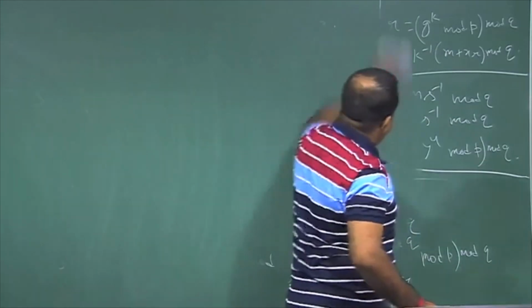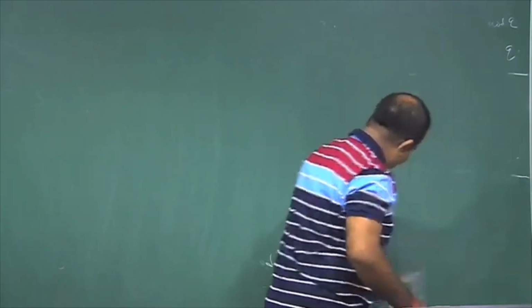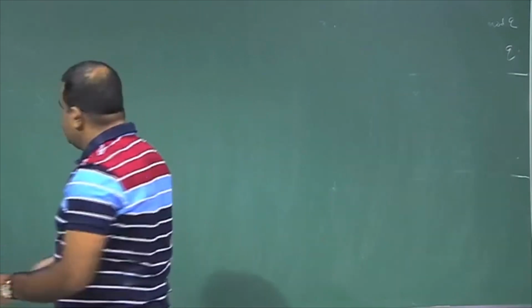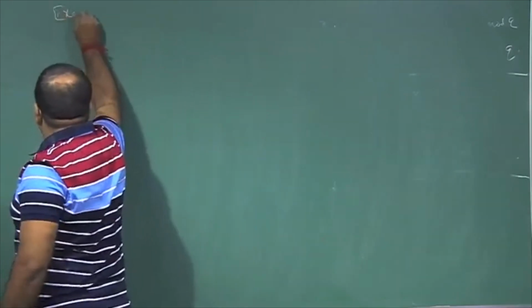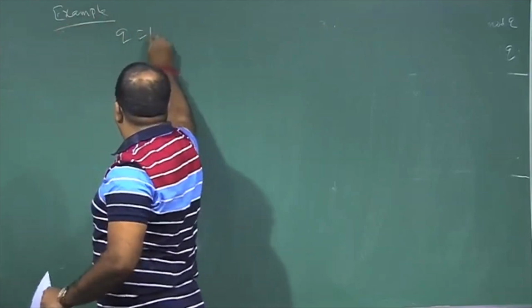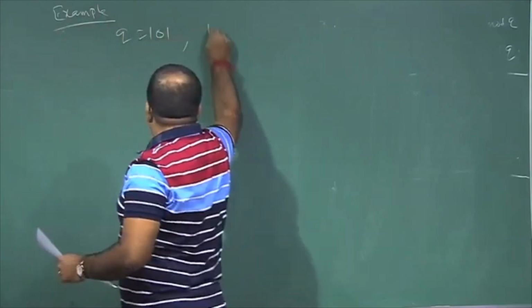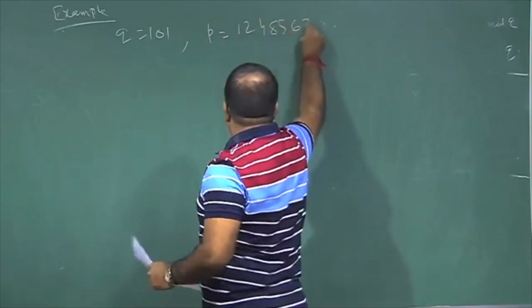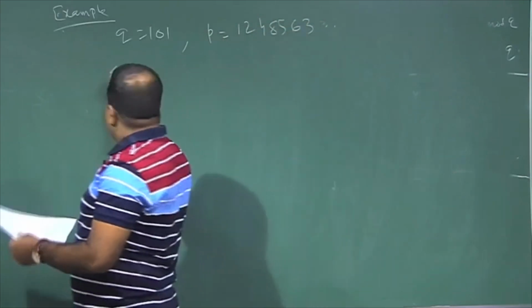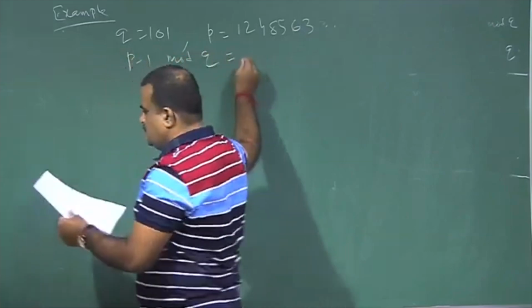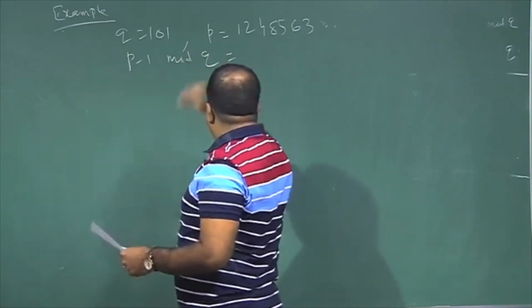A quick example. Okay, so suppose we choose q is equal to 101 and p is equal to 1248563. Then we can easily check p minus 1 mod q is basically 0.